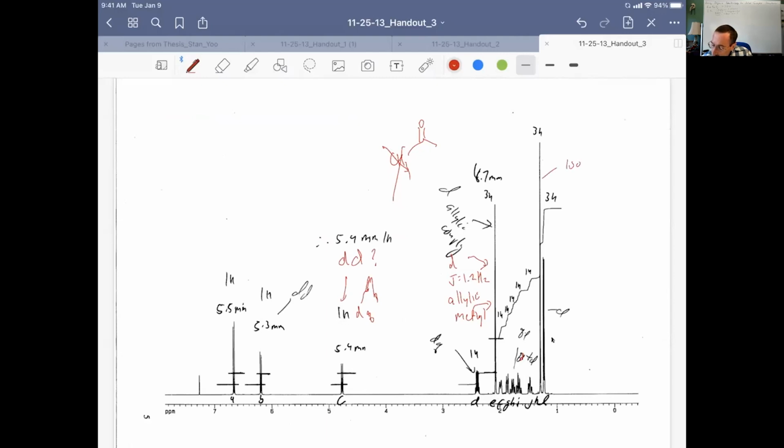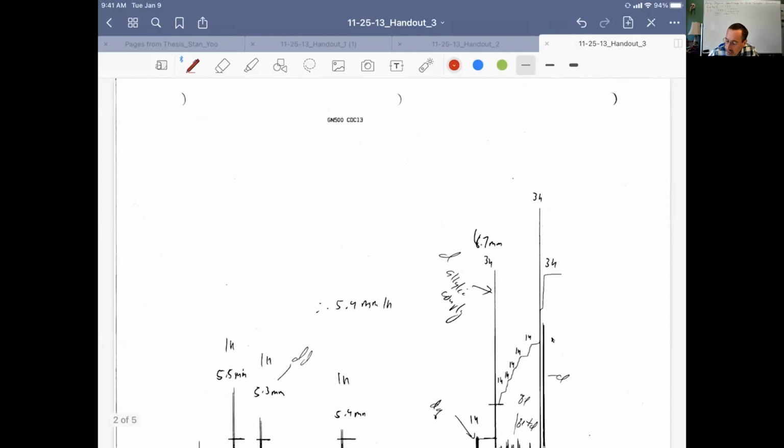So this is an isolated methyl. And then we've got a methyl doublet. As I said, I always just sort of calibrate my eye when I look at a spectrum. So a methyl doublet invariably is going to be about 7 hertz. These couplings here we'll see are about 10 hertz, but you can kind of see they're bigger.